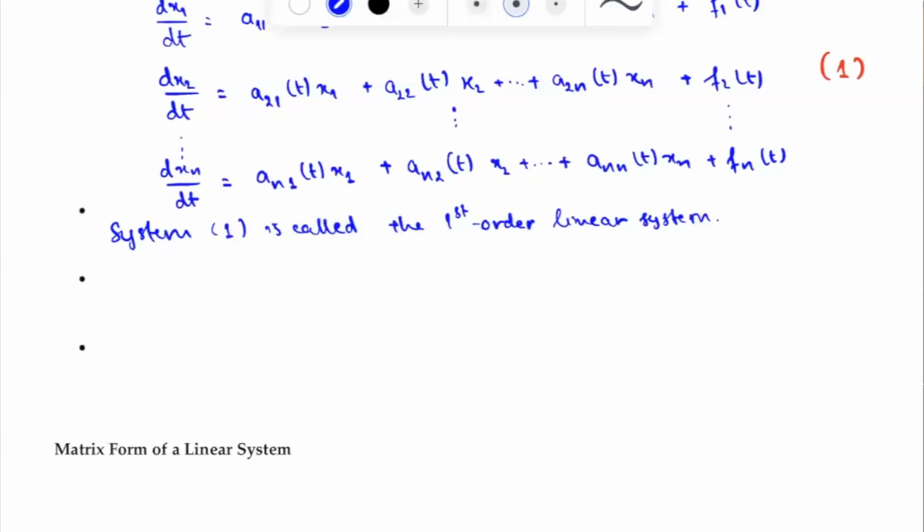But anytime you consider a system of first order linear differential equations, the coefficients have to be continuous functions, as well as the functions f1, f2, up to fn.